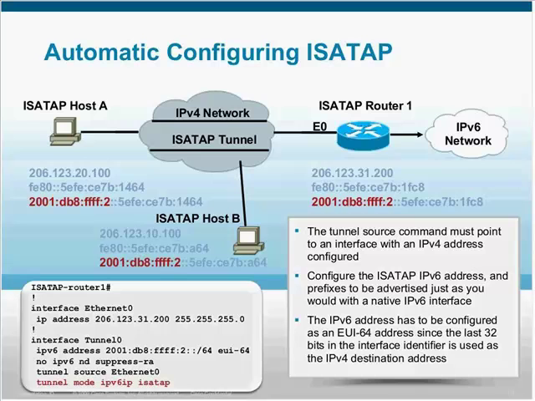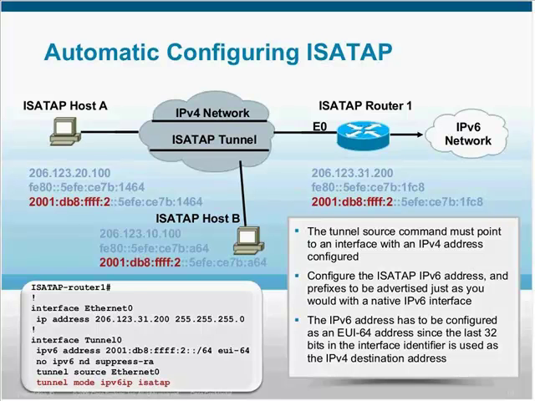If we now look at the configuration on the ISATAP router, it's pretty straightforward. You have Ethernet 0 facing the IPv4 network, which has our IPv4 address that will be used as the source for the IPv4 tunnel. On the interface tunnel 0, we assign an IPv6 address, and this IPv6 prefix that we assign to the tunnel 0 interface is the one that we will be advertising to the host.